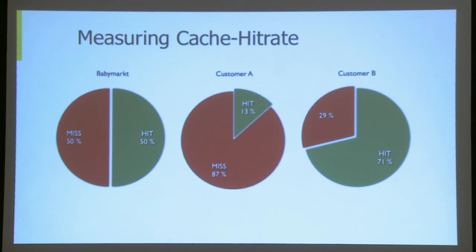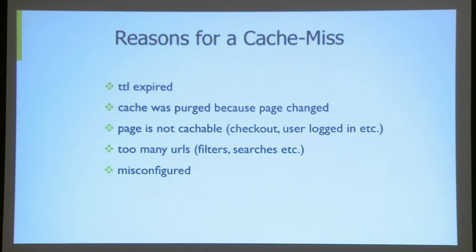I think that was your question, right? Okay, so what are reasons for a cache miss? TTL expired. TTL means that every object in the cache, every page, has a time to live while it's valid and can be delivered from the cache. When this time ends, then the request has to go through OXID and it will come to the cache again.